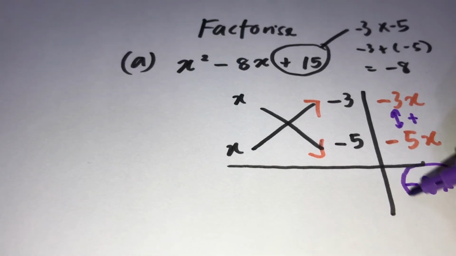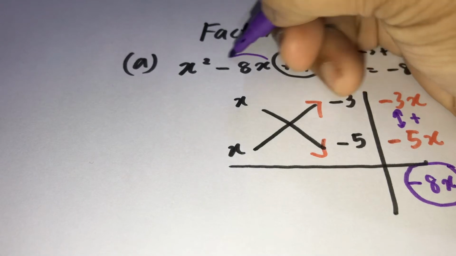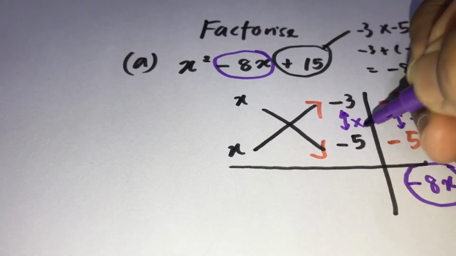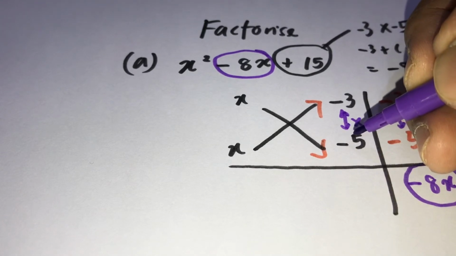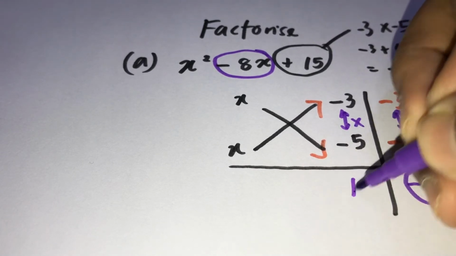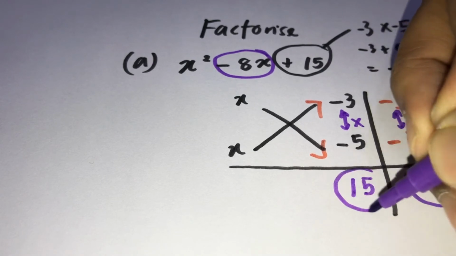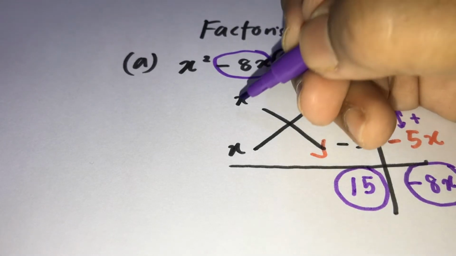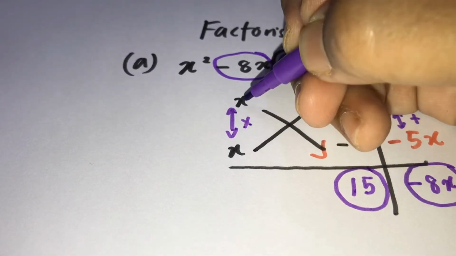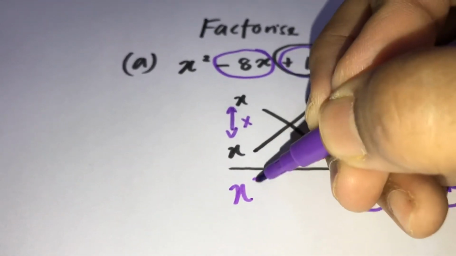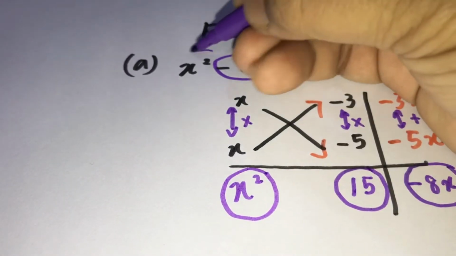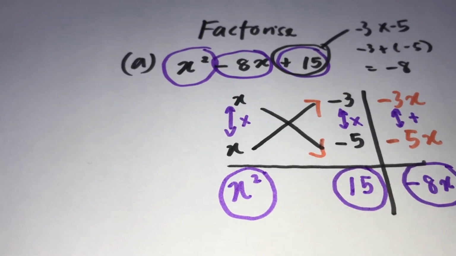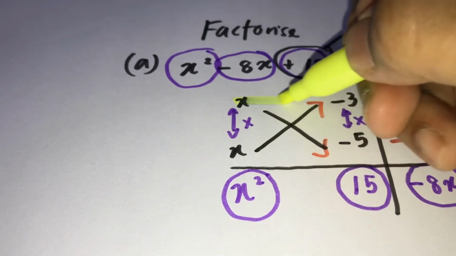Compare, this one negative 8x, this one also negative 8x. Correct. Here always times. Negative times negative, positive, 3 times 5, 15. This one positive 15, this one also positive 15. Correct. And here also times: x times x, you get x square. Compare, this one x square, here also x square. Correct. Now, your final answer. Here, x minus 3.